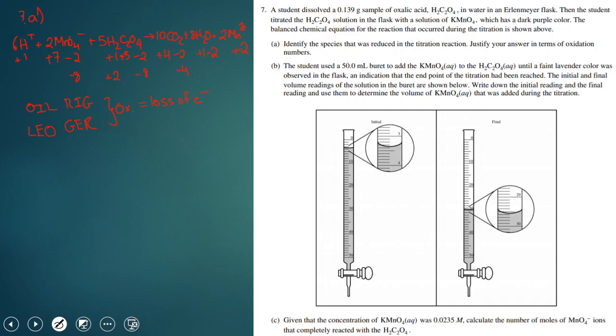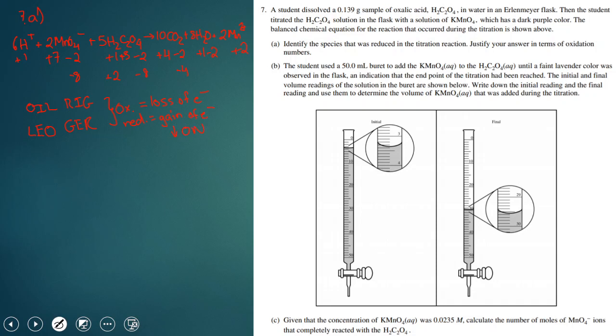We want to gain an oxidation number. The question is asking us for reduction. So because our reduction is a gain of electrons, it is a loss of our oxidation number.